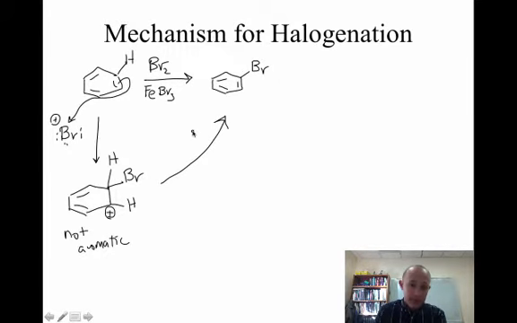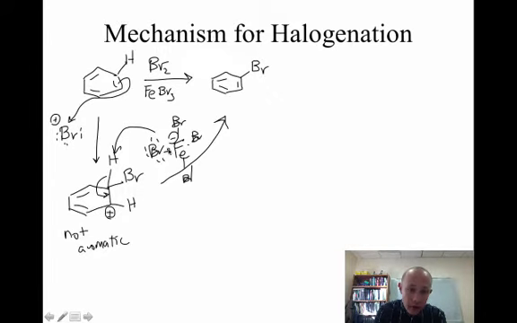So now what happens is the iron bromide complex that we generated can abstract hydrogen.